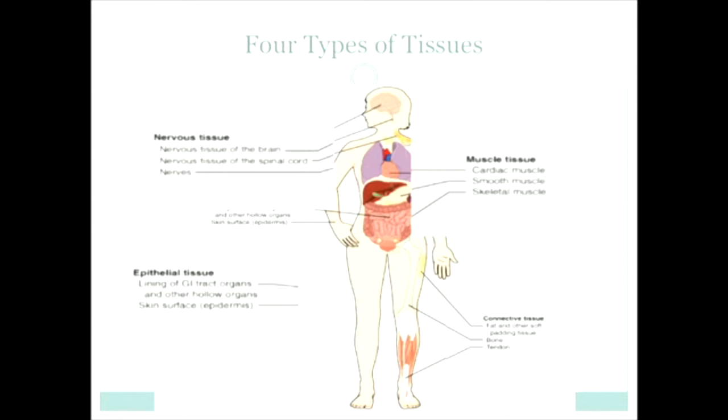Muscle tissue, represented by cardiac, smooth, and skeletal muscle. And connective tissue, the biggest part of tissues, connecting all of them, in your bones, cartilage, and blood.